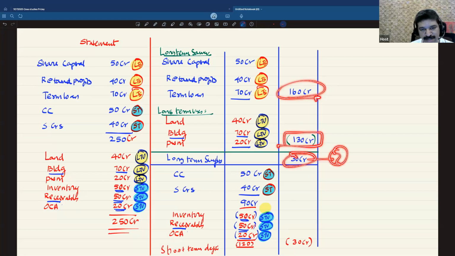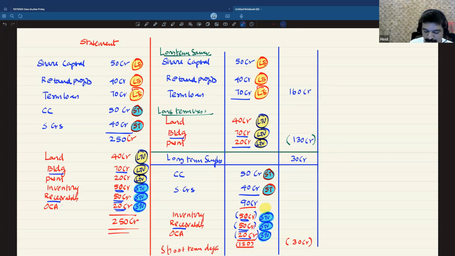Balance sheet is closed, right? So where is that money? For that, if you go deeper into the short-term sources and uses, you will understand their short-term source is 90 crore. Short-term usage is 120 crore. So 90 minus 120, it resulted in a deficit of 30 crore. It means this 30 crore has actually flowed in along with this short-term sources, because you cannot spend money negatively. If you want to spend, you need money.